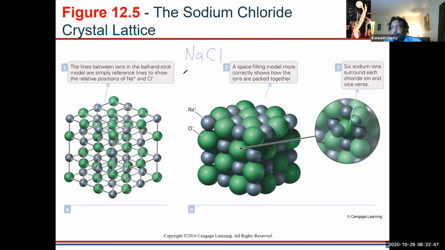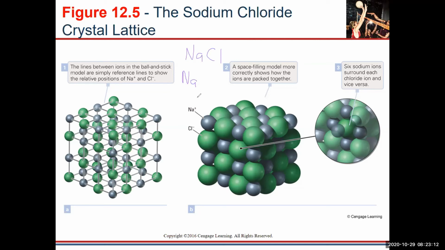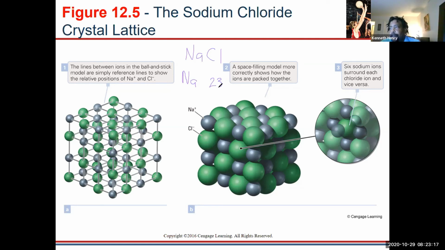What is the mass of sodium? 23. And the mass of chlorine? 35.